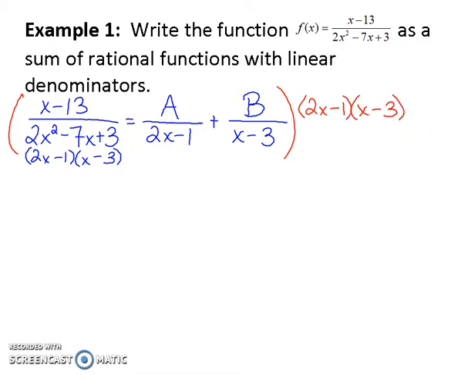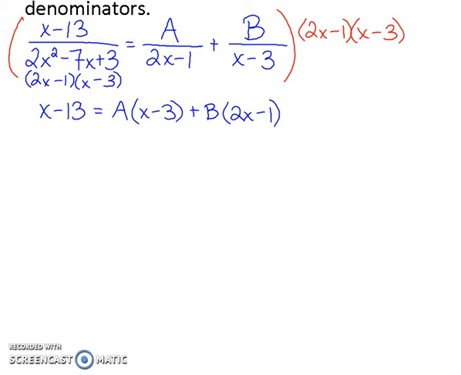In doing that, in the first fraction the entire denominator would be wiped out so I just have x minus 13. In the A over 2x minus 1, the 2x minus 1s would cancel, and I would have A times x minus 3. And with the B, the x minus 3s would cancel, and I would have B times 2x minus 1. So now at least I'm not solving a rational equation. I'm just solving a regular multi-step equation.